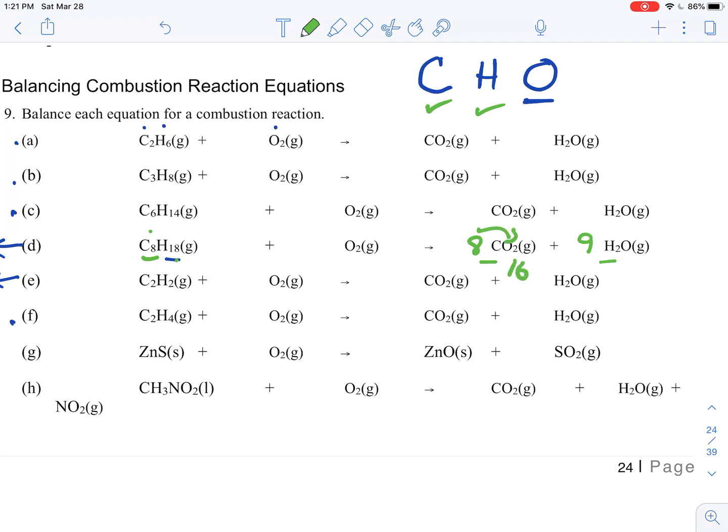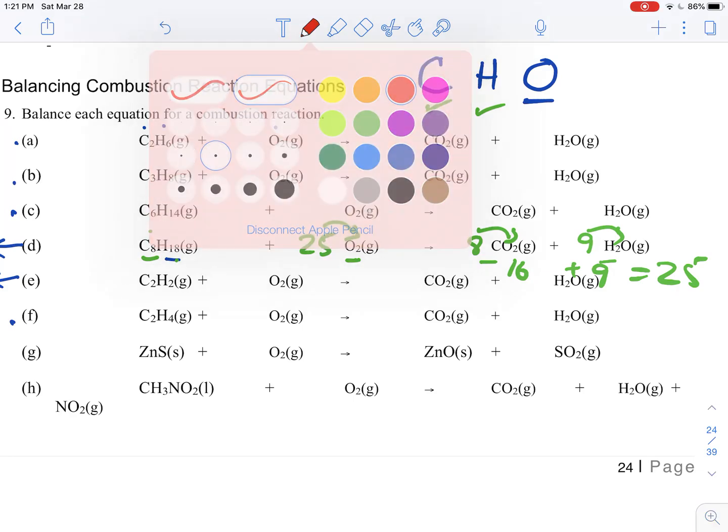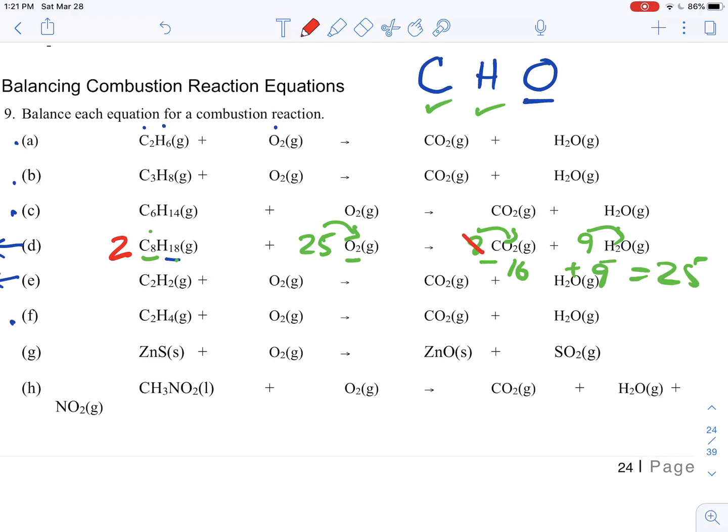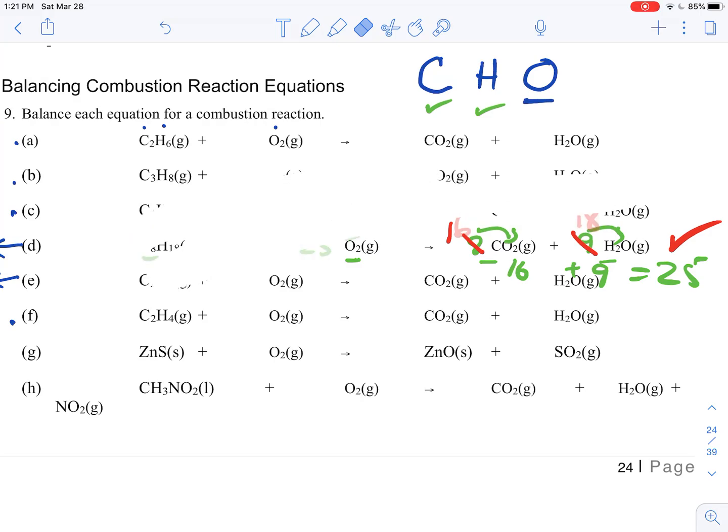When we added up 16 oxygens over here and 9 oxygens over here and realized it was 25, I put the whole 25 on the left side, but realizing it's actually 2 times 25. So you're multiplying everything by 2. And that will make a balanced hydrocarbon combustion reaction.